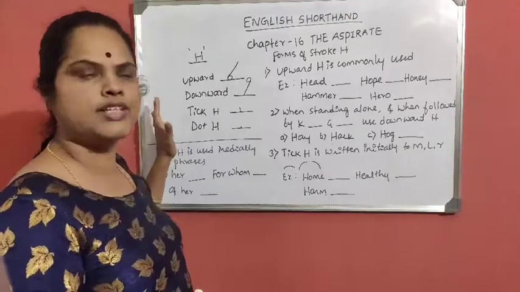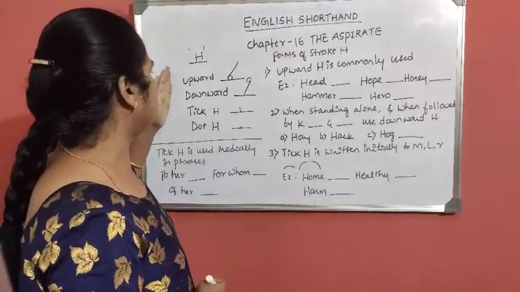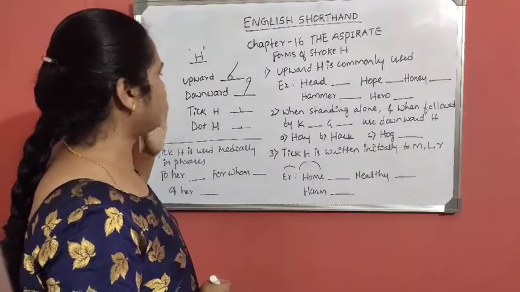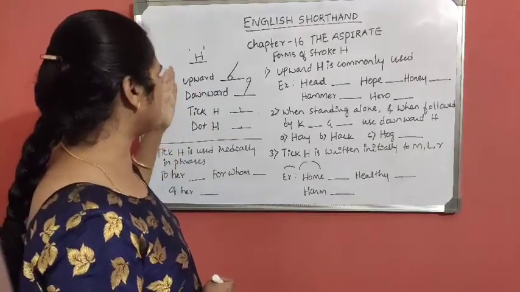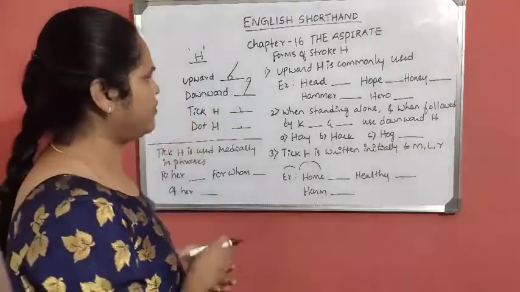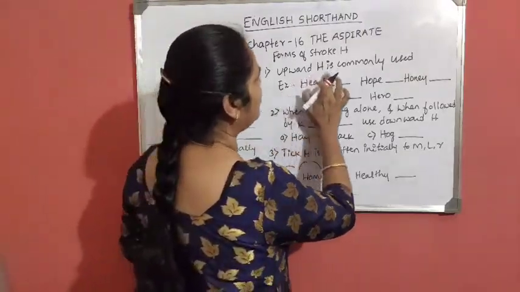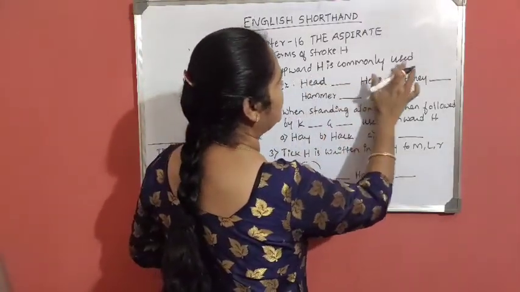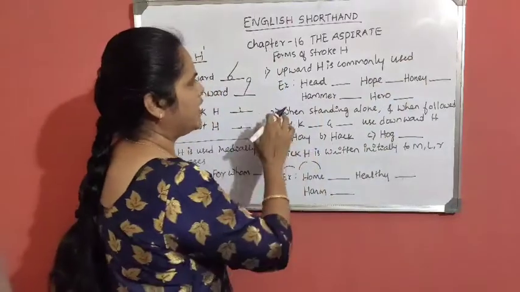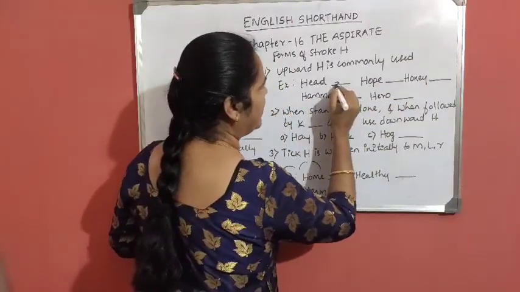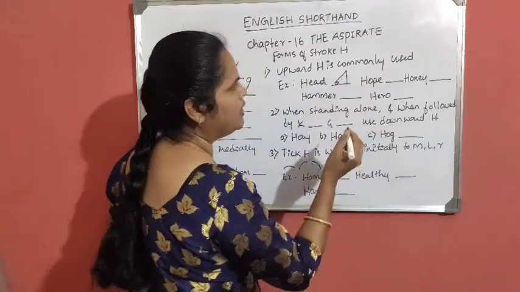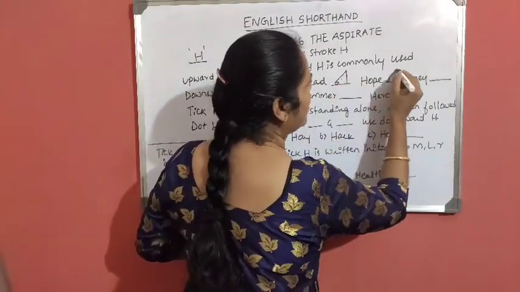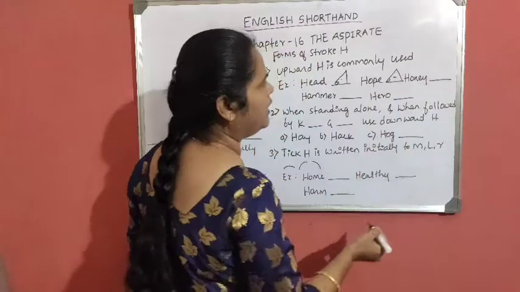Now we will see which form of H we have to use, when there are some rules when we have to use these forms of H. The first one is upward form of H, which is commonly used. For example, head, H and D. A vowel. Hope, H and P. O vowel.